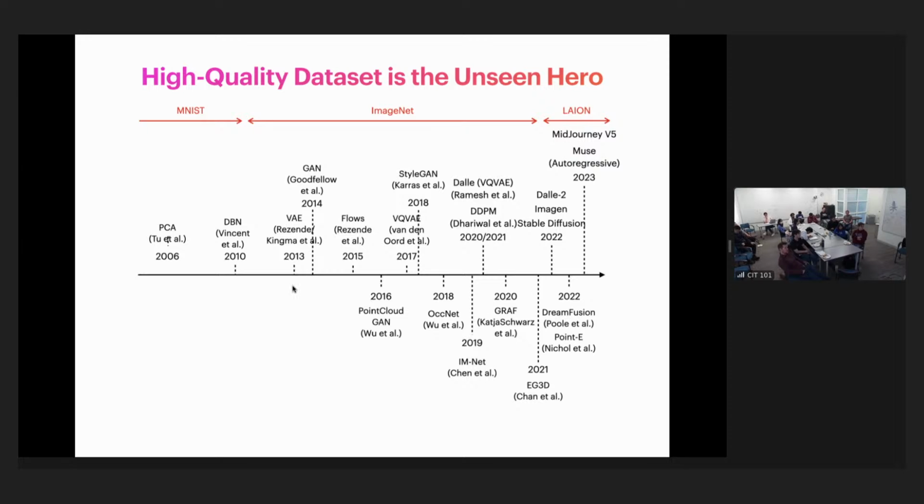Before 2010, we basically had MNIST-scale image datasets, and when we got ImageNet, we had much better generation quality in images. Recently, we have open world or internet scale datasets like LAION-5B, which breeds a lot of the recent, very impressive generative models.